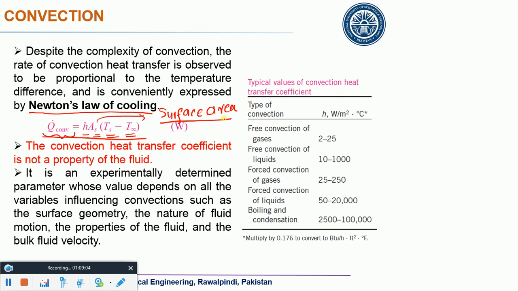If the liquid is flowing over the surface, this would be the surface area. Okay, and heat transfer would be normal to it, kind of normal to it, right? So h is the convection coefficient, the convection heat transfer coefficient. This T_s is the surface temperature, and this T infinity is the free stream temperature.